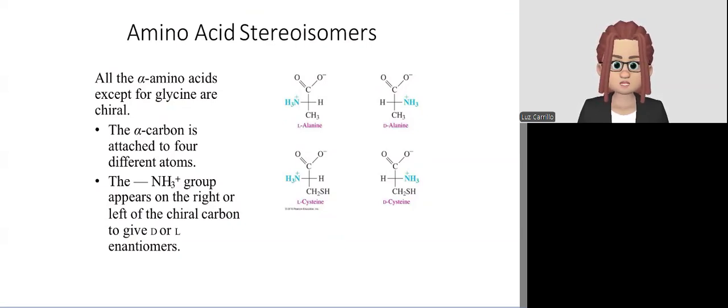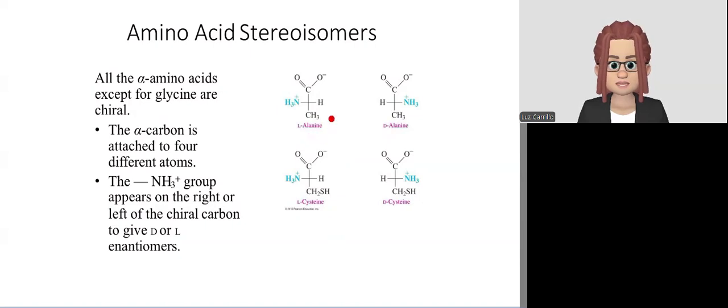We can observe here the example of alanine, which is the amino acid that has the side chain that is a CH3. And we have the D enantiomer and the L enantiomer.